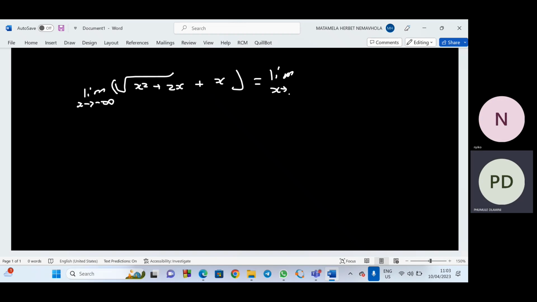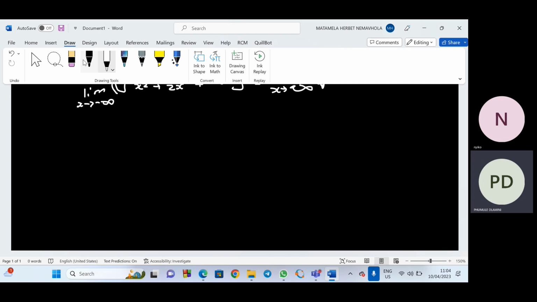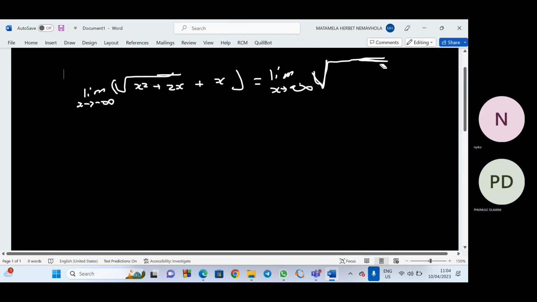Yes. But that limit is at infinity. Then for this square root here, we are going to say square root of... okay, sorry, I'm making a mistake.